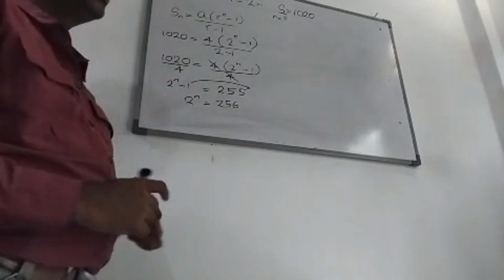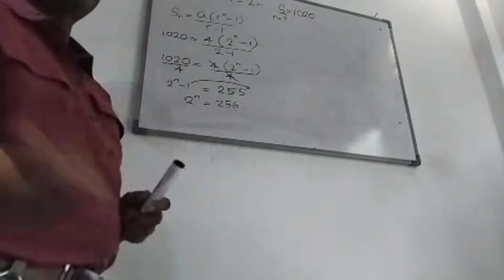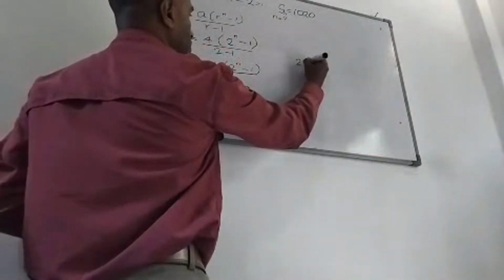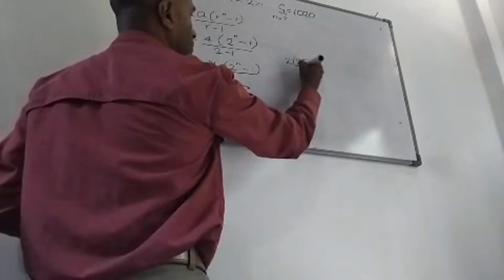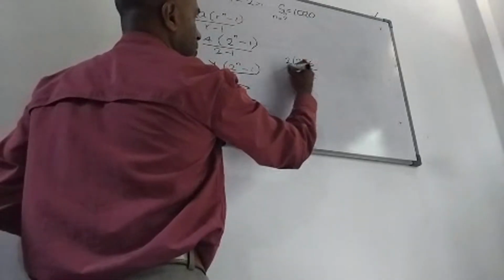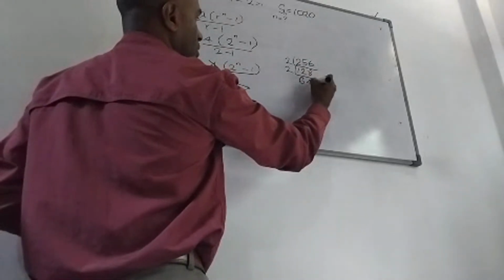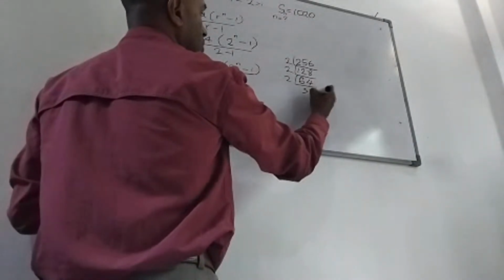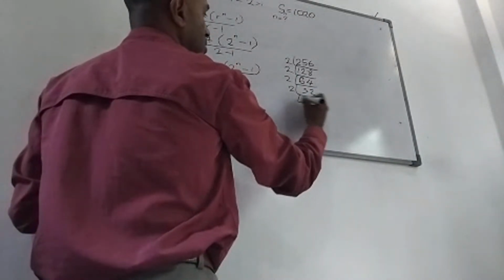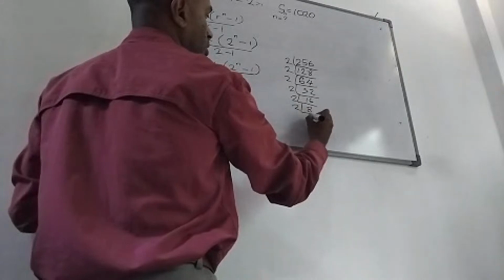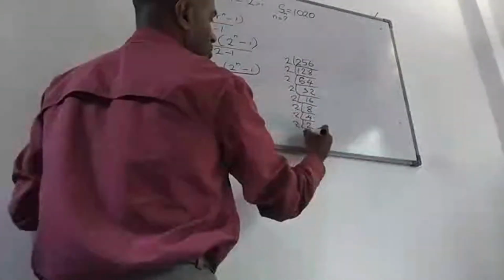Now we need to give 256 as a power of 2. 256 divided by 2 is 128, then 64, 32, 16, 8, 4, 2, 1.